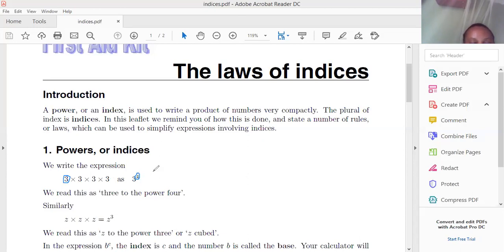So 4 becomes that particular power. And our base 3 here can actually be replaced by any other value. This is what we are calling the base. And this is what we call the power. Alternatively, we call it an index.